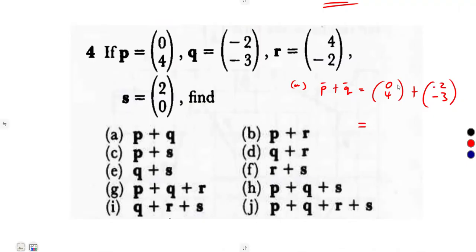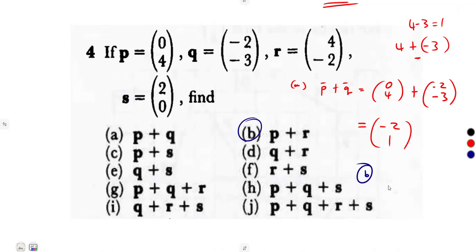So add 0 plus minus 2, that's minus 2. Then 4 plus minus 3, the y part separately. A plus and minus gives us a minus, so 4 minus 3 is 1.